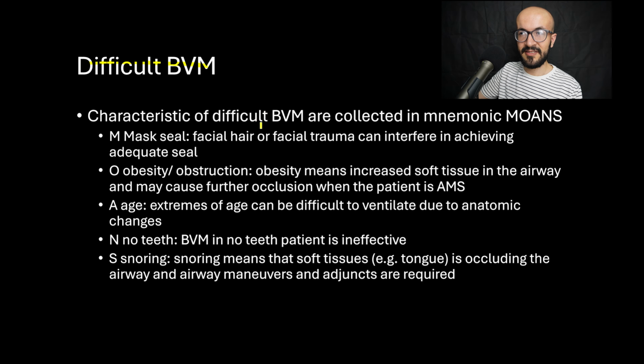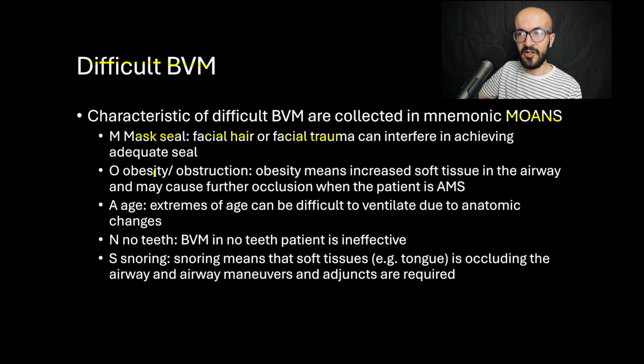And the characteristics of the difficult bag valve mask are collected in the mnemonic MOANS. So the M is for mask seal, and that is in patients with facial hair or facial trauma, the mask seal cannot be achieved to a good degree because the hair or the trauma can interfere in achieving adequate seal.